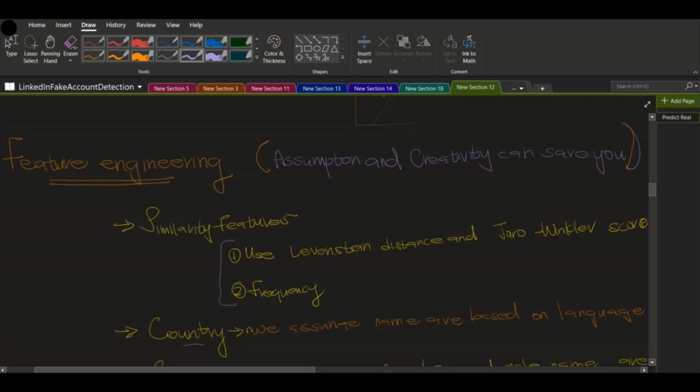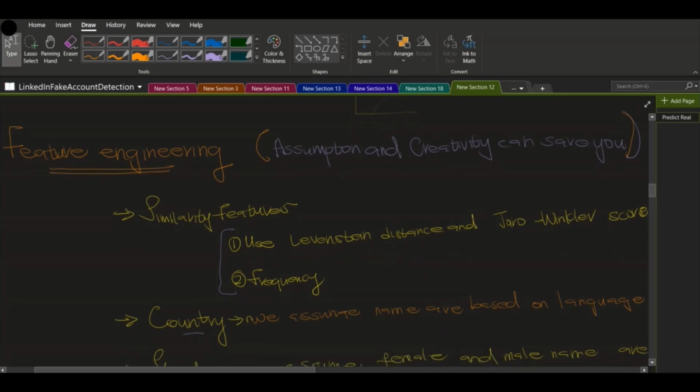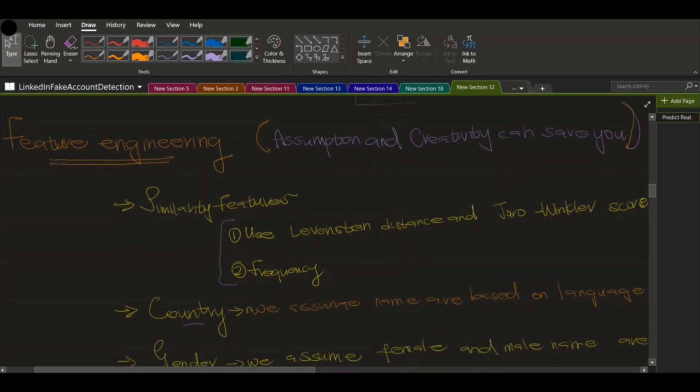We can use a country. I tend to believe that certain countries, maybe Robert is called Rob in the USA, and maybe in South Africa it is called something else, right? So maybe we can leverage country to assume that names are based on languages or something like that. Like I said, when I come up with features, it's always based on assumptions. I'm assuming that each country is going to have different names.